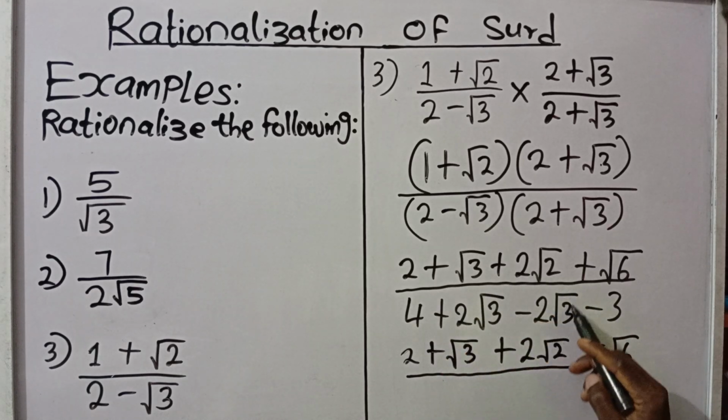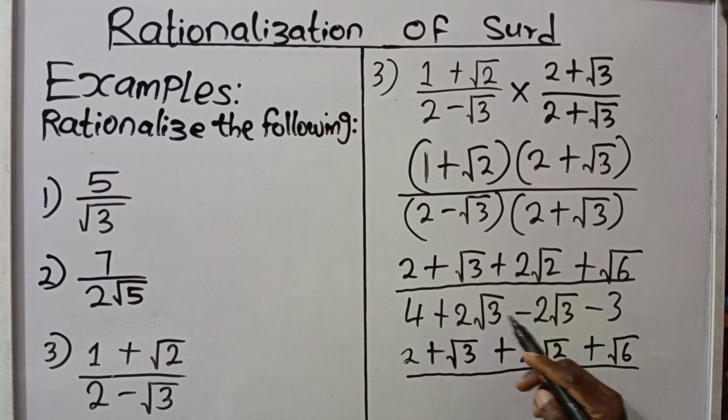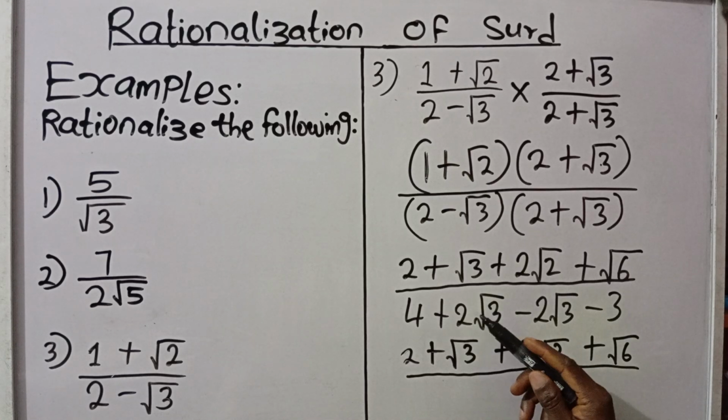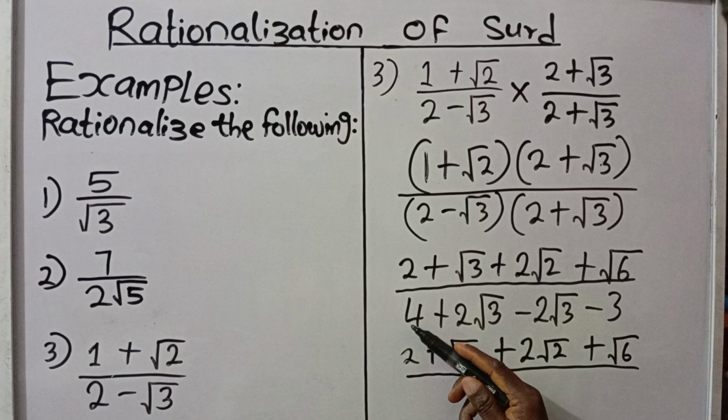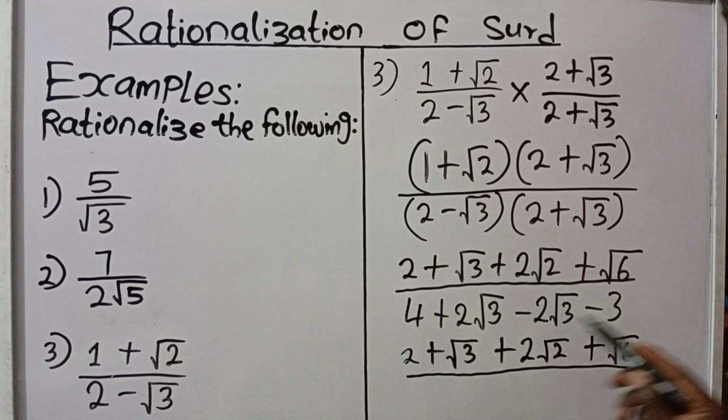Because when the same number subtract itself, it will actually give us 0. So we're now left with what? 4 minus 3. And 4 minus 3 will give us 1.